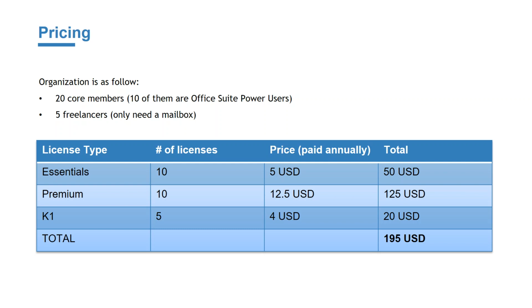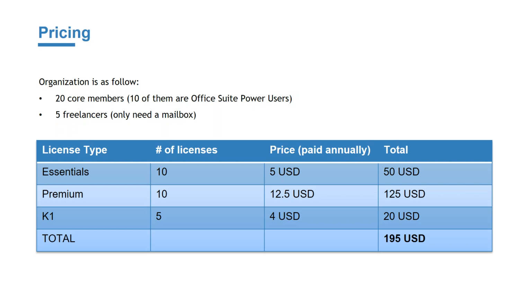Out of the core members, you have 10 of them that are Office Suite power users, so that means they use Exchange, Excel, and Word on a daily basis, and they really dedicate a lot of their time towards those tools, right? So we have 25 users, and let's see how it's going to look from a pricing perspective.